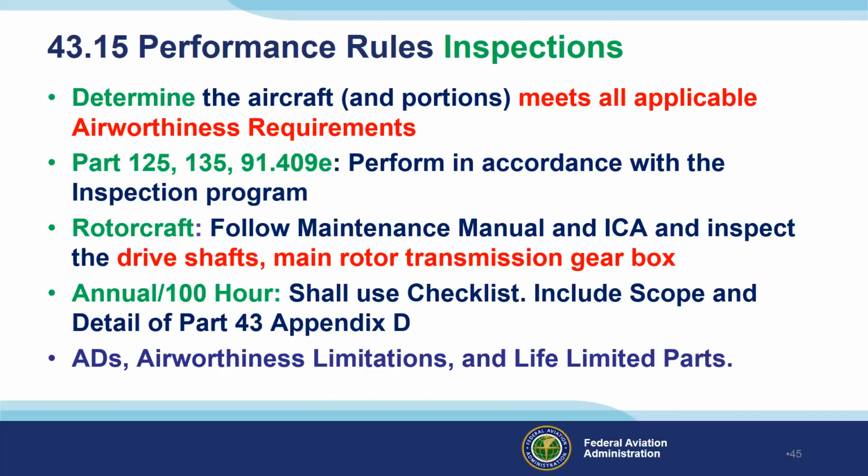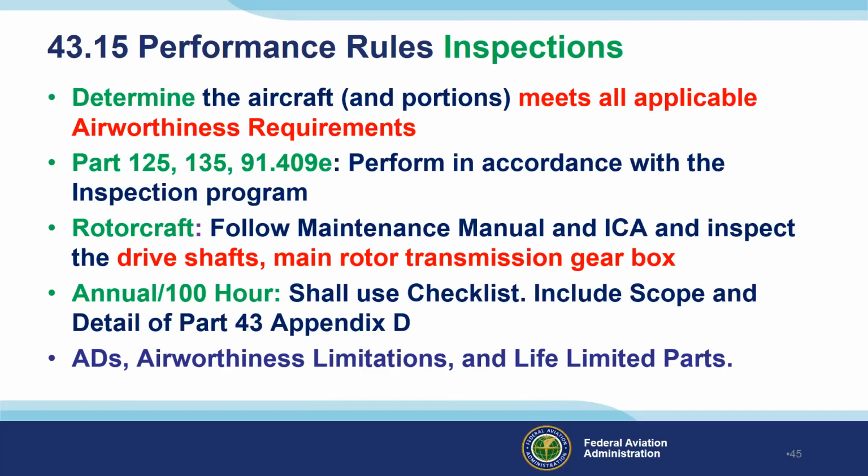And 43.15 also spells out additional requirements for rotorcraft. I guess they want to make sure that no matter what, you're going to inspect the drive shafts, main rotor, transmission, gearbox.